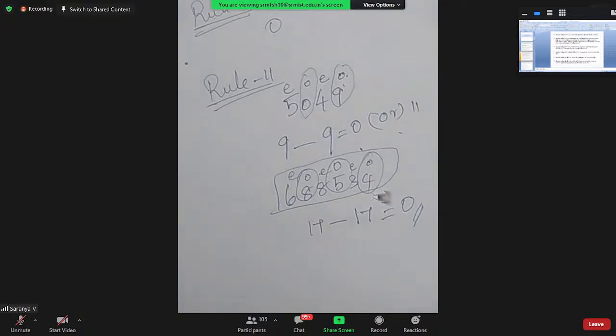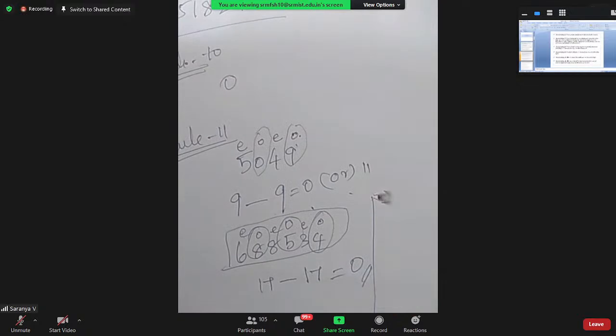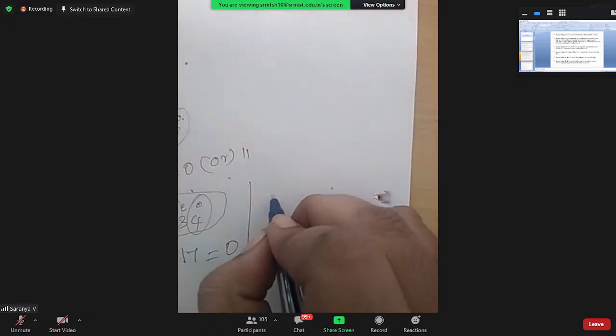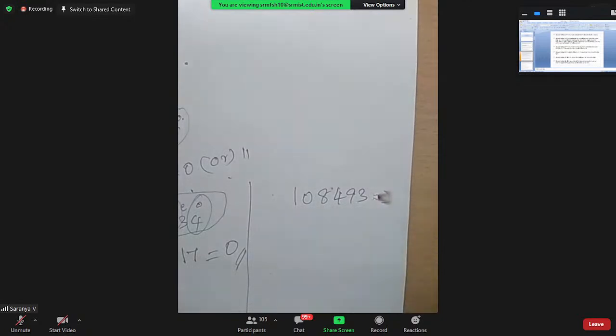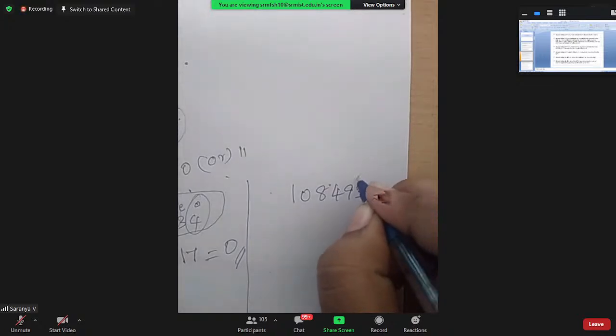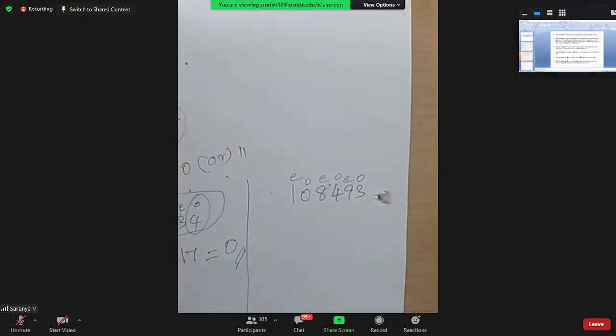One more example. 108493. Check. 108493. What is the sum of the numbers in the odd places? Post your answers in the chat box.